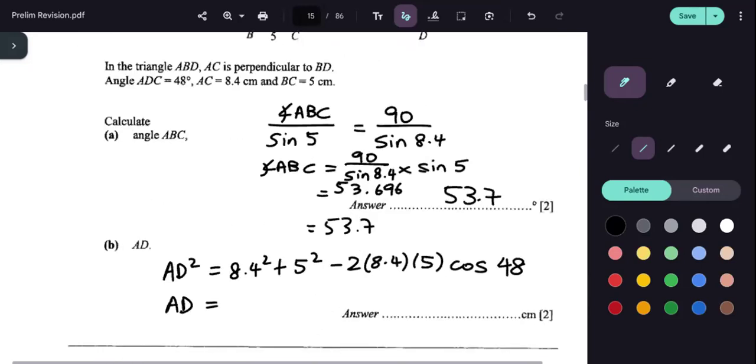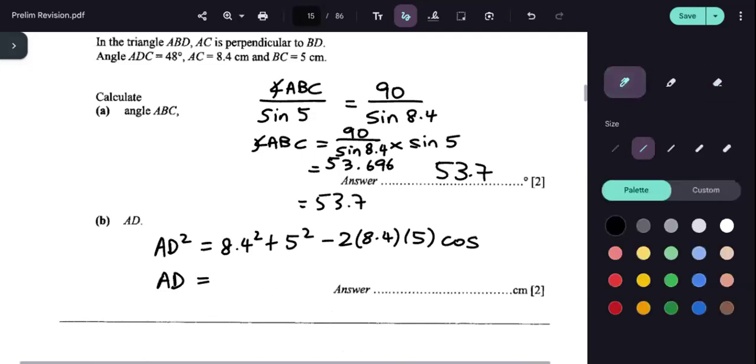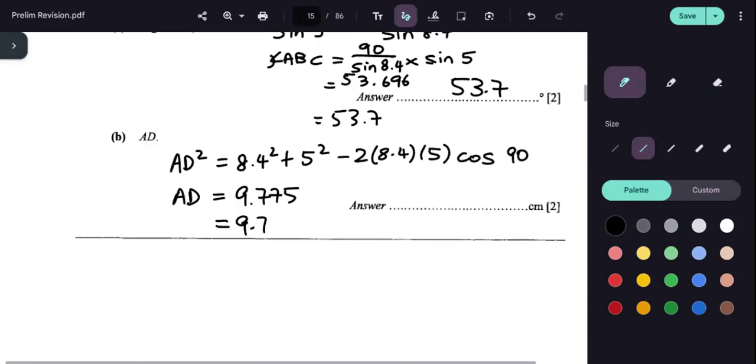So this is cosine 90. So it is 9.775, and because it's length, 9.78. That's it. So this will be the answer. Next.